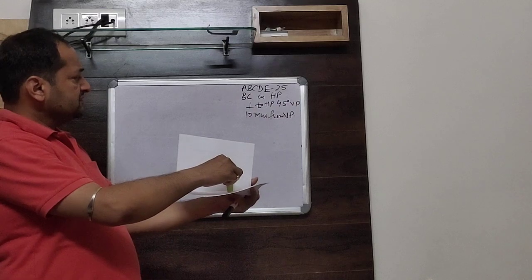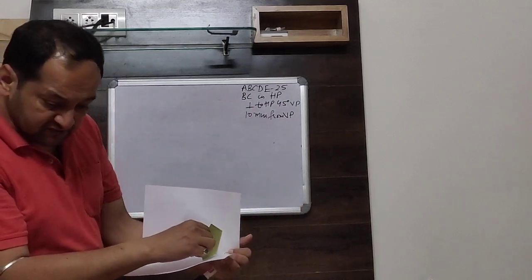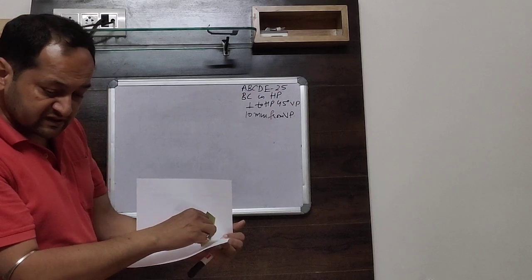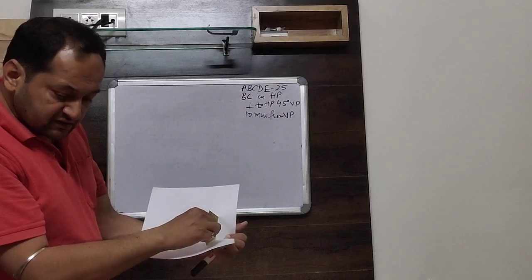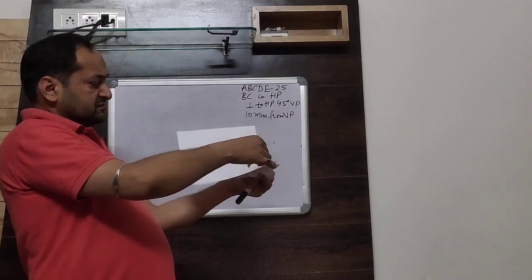And its nearest corner to the VP is 10 mm from it.